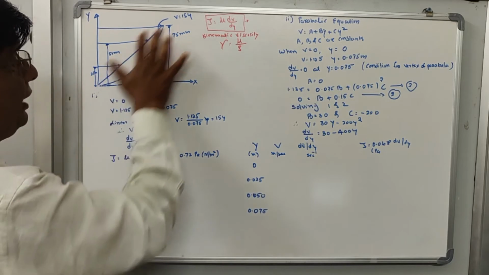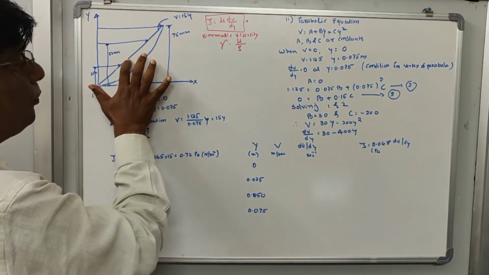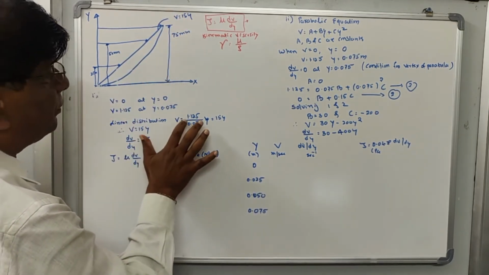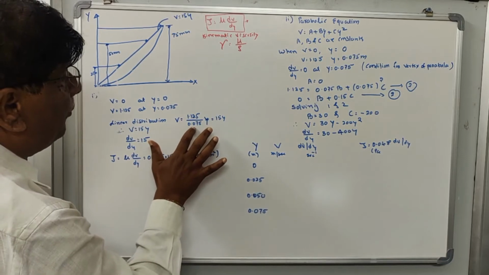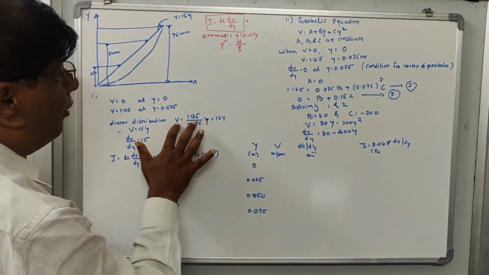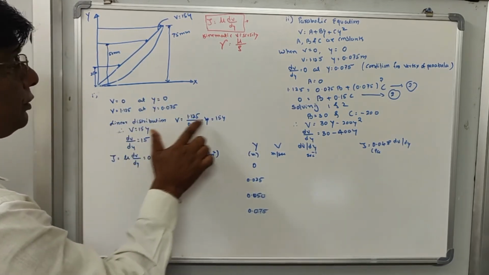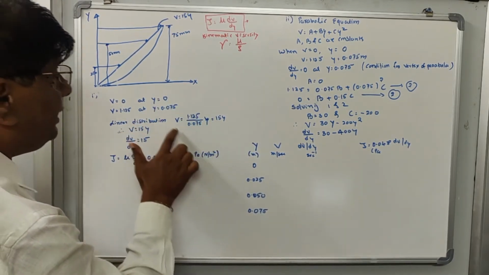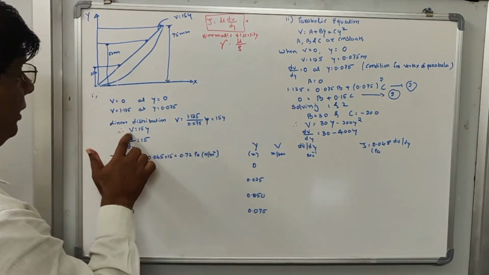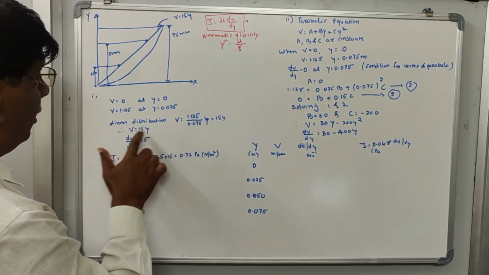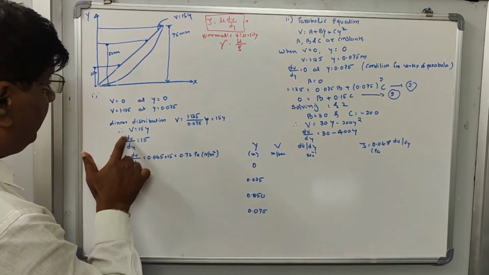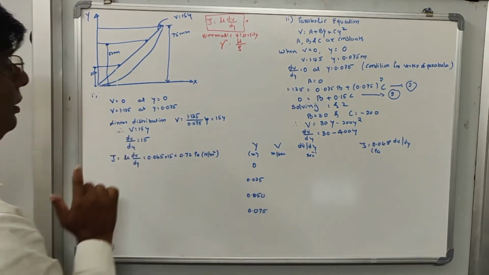The slope of this line is nothing but v equal to 0.125 divided by 0.075 into y, or v is equal to 15y. So v is equal to 15y. This is the linear distribution, and the velocity gradient dv by dy is equal to 15.